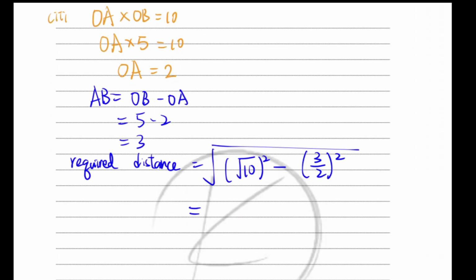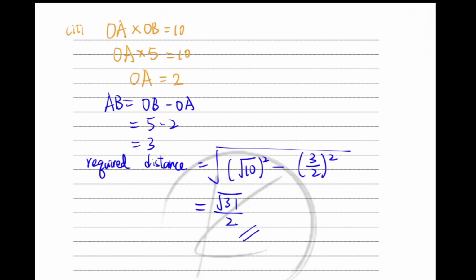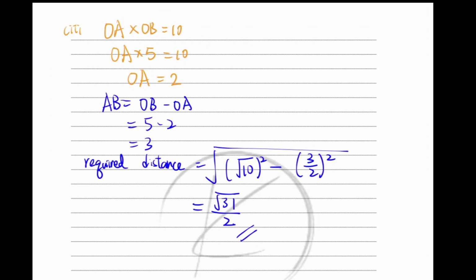By using a calculator, you get square root 31 over 2. So the key point is that you need to know the perpendicular bisector of the chord will pass through the center. Second step, you must know the Pythagoras theorem. So this is all the solution about exercise 7C question 28.